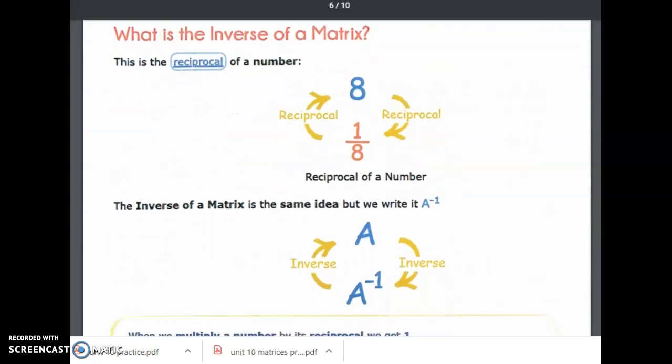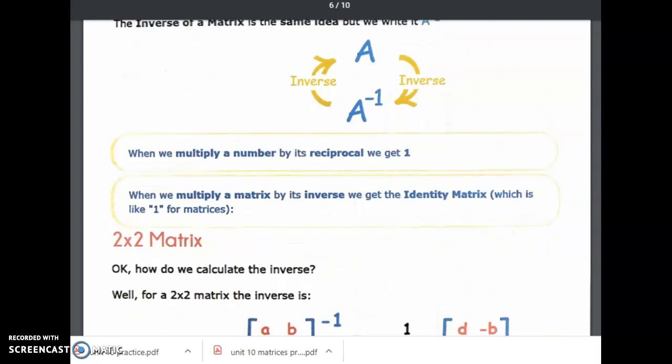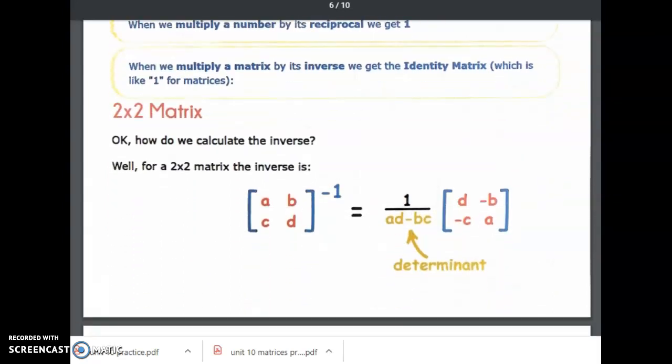Like we said, the inverse of a matrix is what we would multiply an original matrix by to get the identity matrix. So it's like multiplying a number by its reciprocal, essentially. So how do we calculate the inverse? Well, we need what's called the determinant.